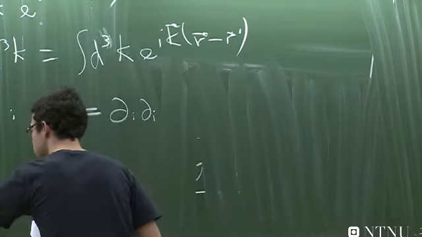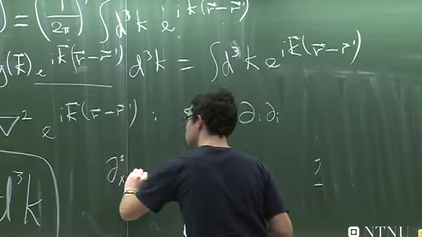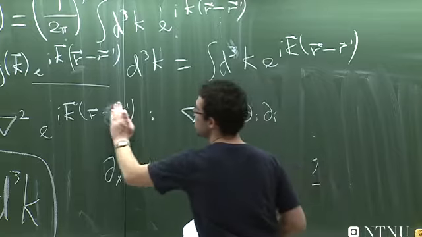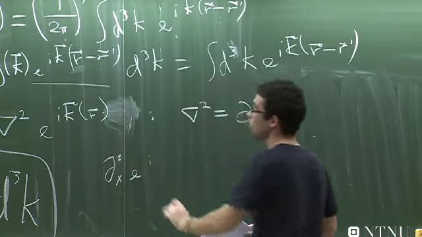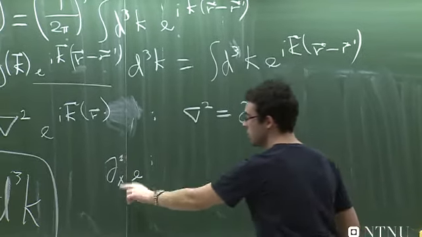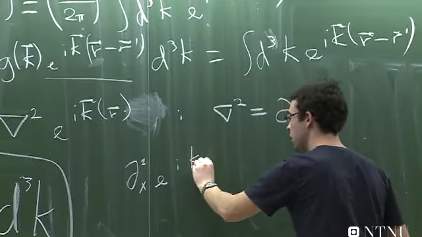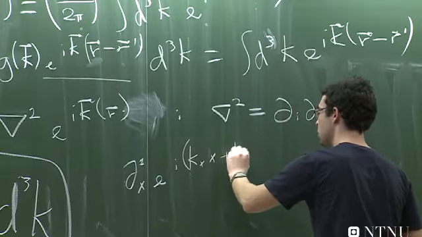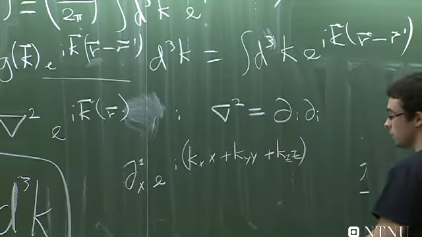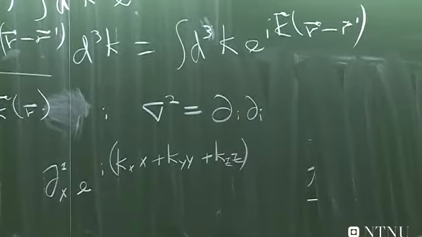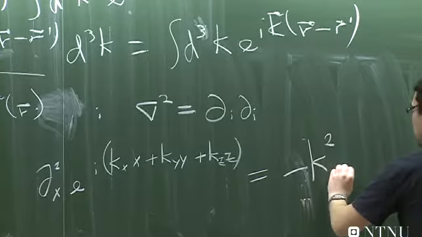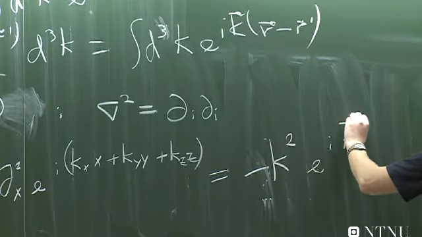So dx square of e to I, and actually I can just take this one away, because I could just factor out that term, making it even easier. So it's dx square of e to I k x x plus k y y plus k z z. Partial derivative of this function, it's an exponential, so it's rather easy. It's in fact minus k square of e to I k r.